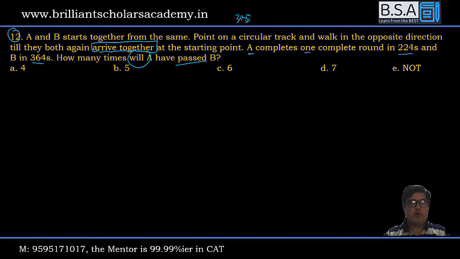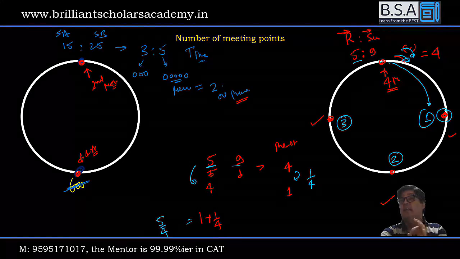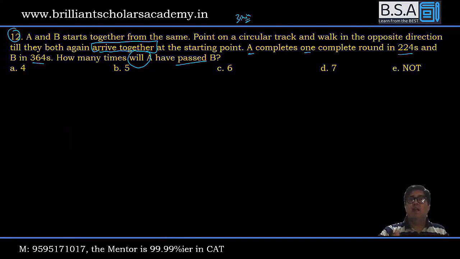Speeds are not known. Length of the track is not known. In theory, what have I taught you? The number of meeting points, the location of meeting points depends upon what? Speed ratio. Not even the speed, the ratio of the speed. How can you derive the speed ratio with the available information? Time taken by A to complete one circle is 224 seconds.